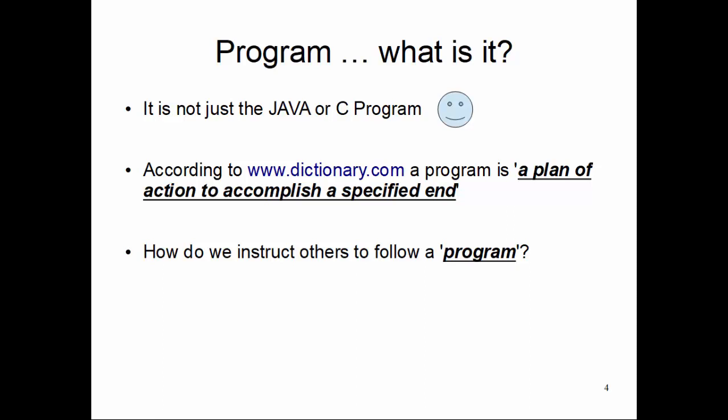Think of a weekend party. If you arrange a weekend party, that's also a program, and you need to accomplish that task. You need to perform certain steps. You need to invite people, you need to arrange some place to hold the party.